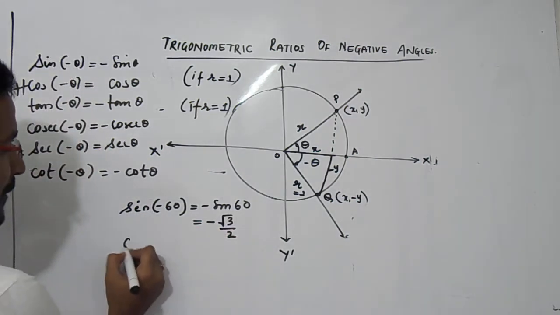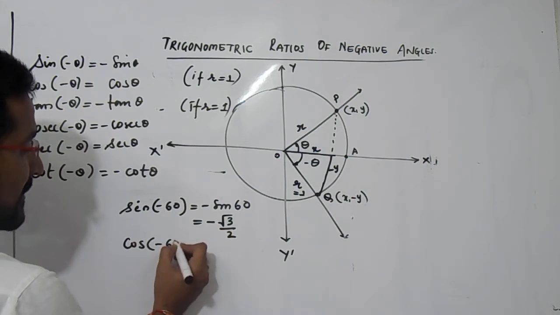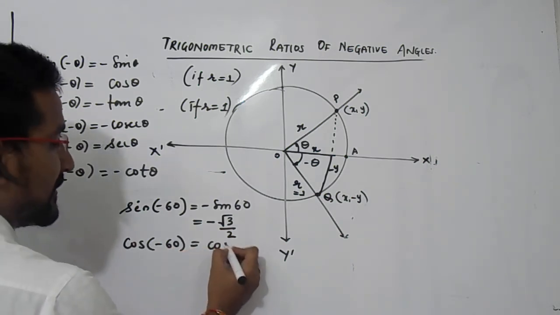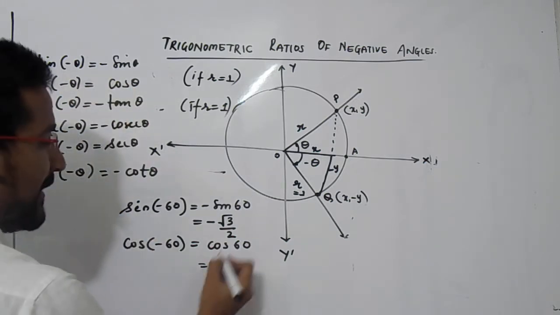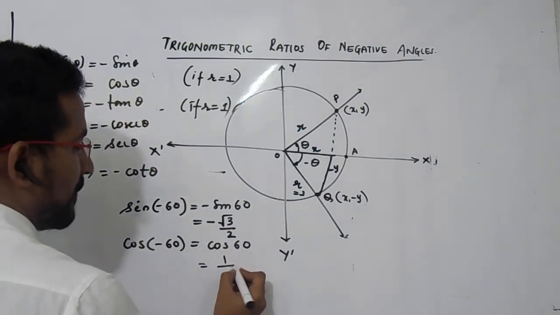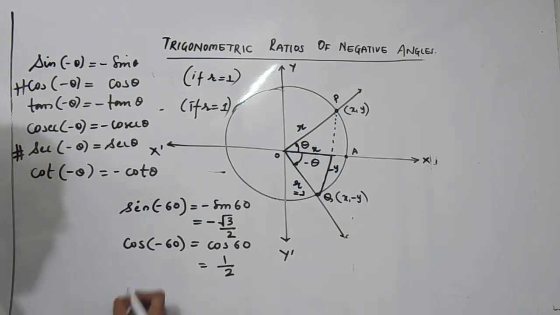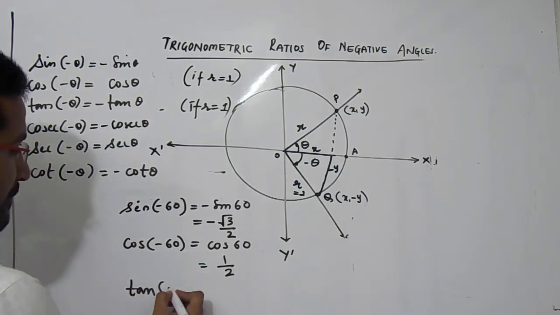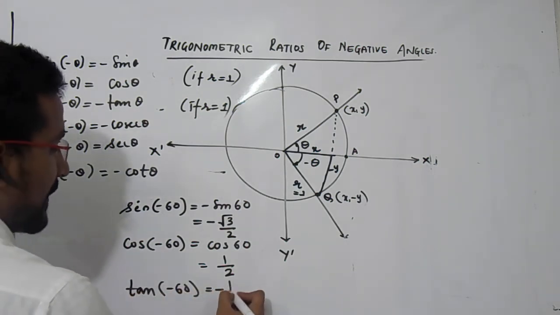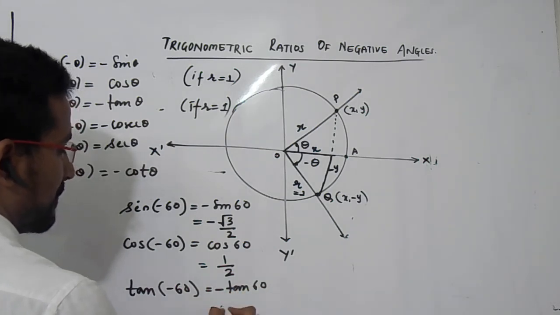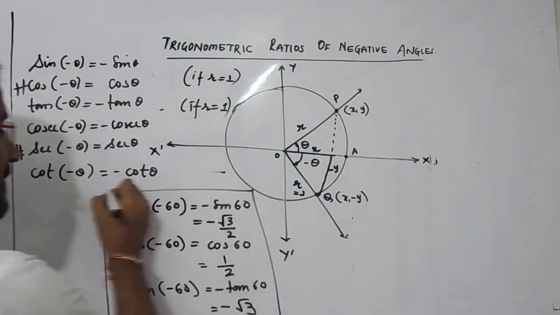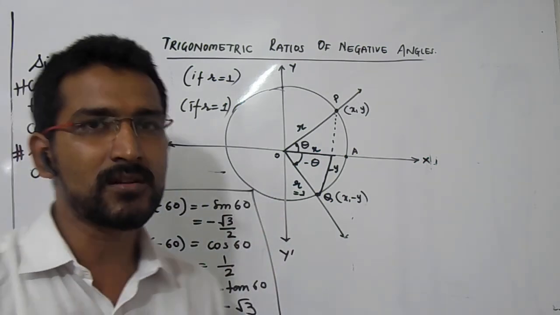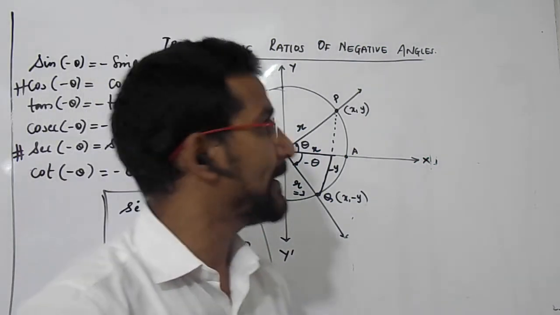Cos of minus 60 will be equal to cos 60, because cos of minus theta is cos theta, and cos 60 is 1 upon 2. Tan of minus 60 will be equal to minus tan 60, and minus tan 60 is minus root 3. This is how we can solve sums based on trigonometric ratios of negative angles.